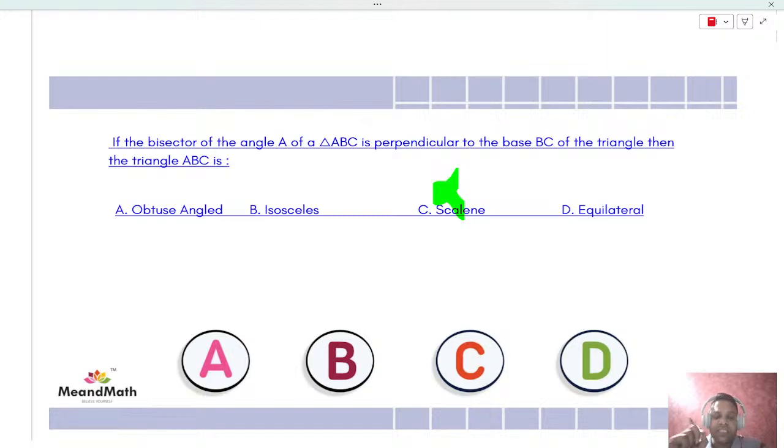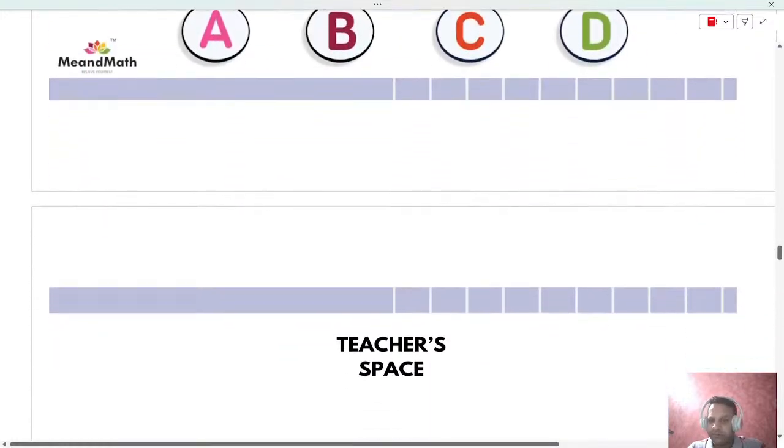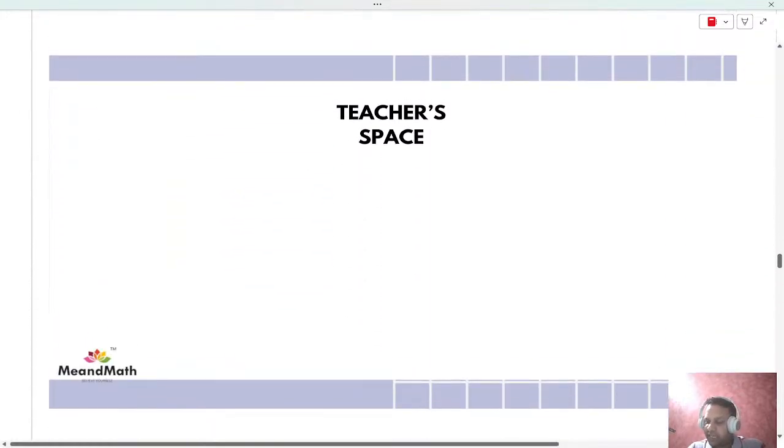Just remember one thing in geometry: if you draw the diagram perfectly, the probability of your answer being correct will increase. One student is saying that the answer is isosceles.